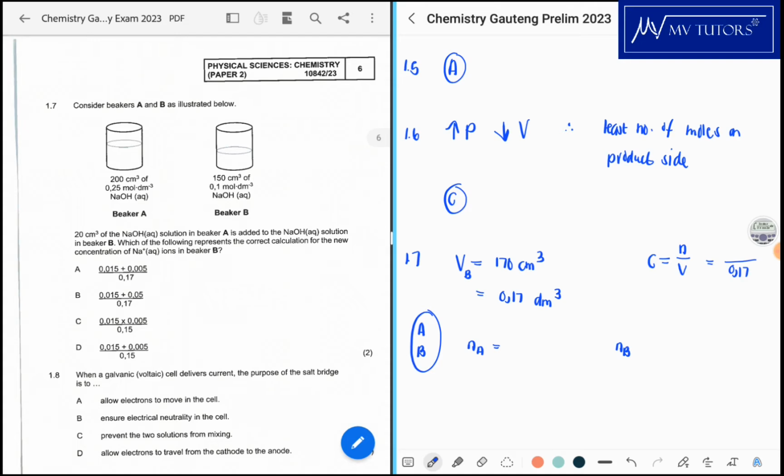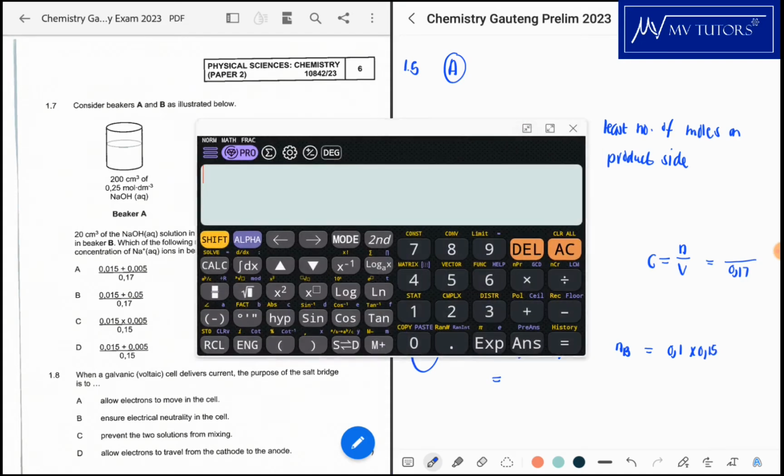For A, remember number of moles is concentration times volume. So we have 0.25, that's the concentration, and the volume is 0.2. And then for B, we have 0.1 mole per cubic decimeter multiplied by 0.15 cubic decimeters. So let's just calculate that.